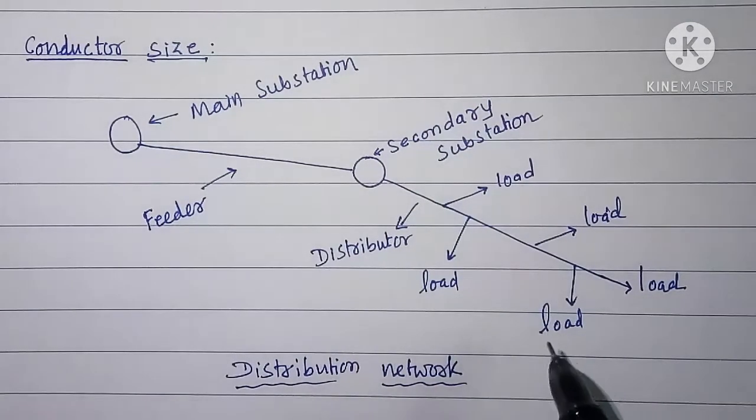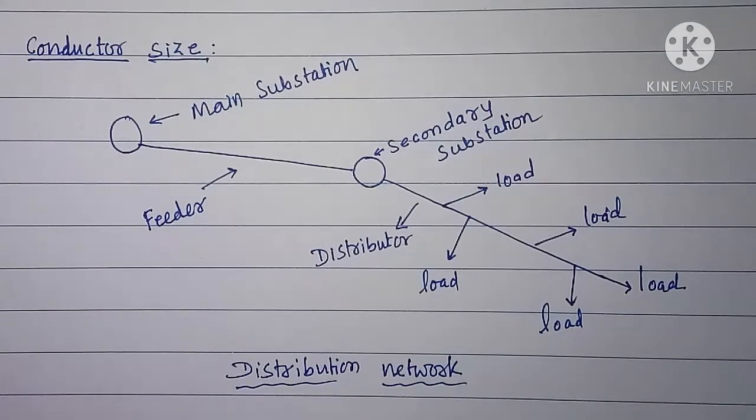Such a distribution network should be capable of maintaining the terminal voltage of consumers within plus or minus 5% of the specified voltage for the satisfactory operation of appliances.